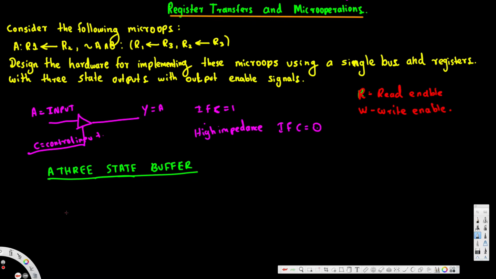Okay, let's go ahead and design the hardware. Register R1. Here we will have read enable, write enable. R2 read enable, write enable, and R3 read enable, write enable. All of them are connected to this.